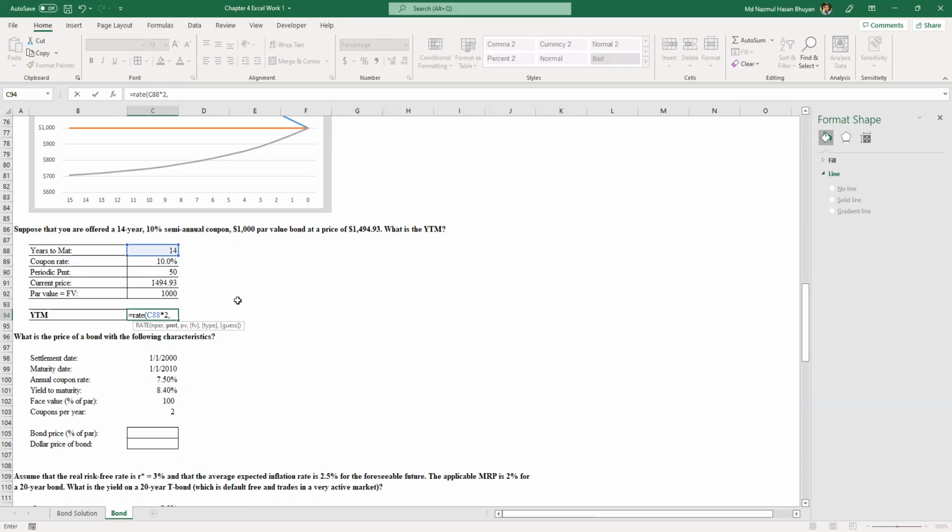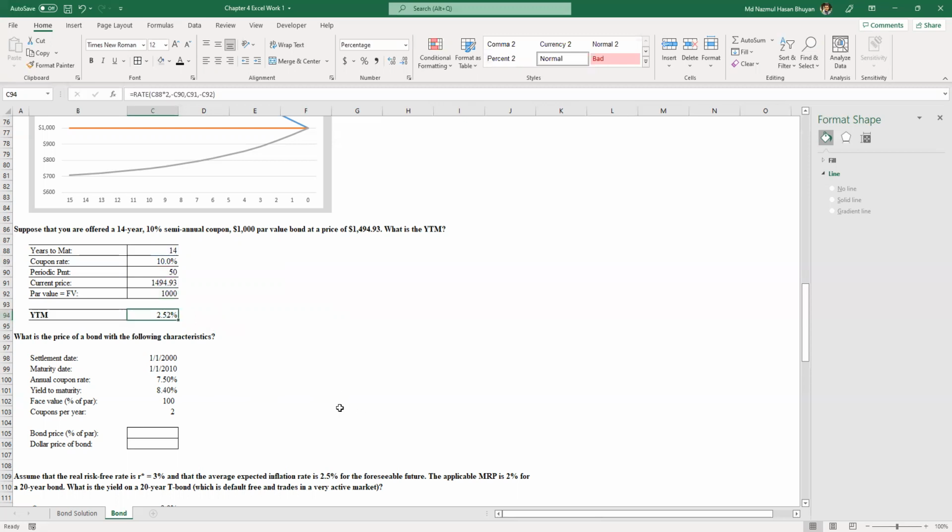And then our periodic coupon payment is already calculated. Then our current price should be positive, because remember, as an issuer, you are going to receive this price. So we are going to put the current market price as positive. Then as an issuer, you're going to pay the face value of the bond. So we put a negative sign before this face value of the bond, because it is a cash outflow. Close the bracket, hit enter.